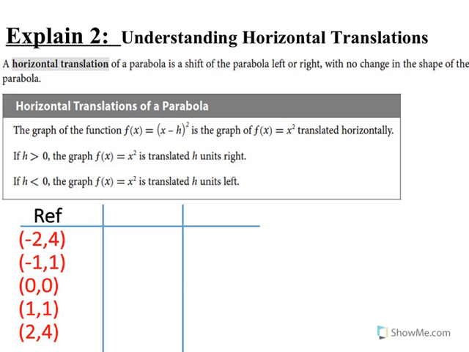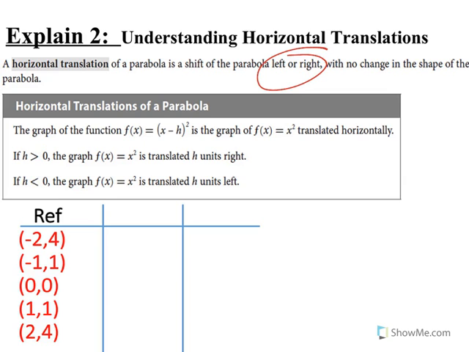Right, and then for number 2, example 2, understanding horizontal translations. That means that a horizontal translation of a parabola is a shift of the parabola left or right with no change in the shape of the parabola.